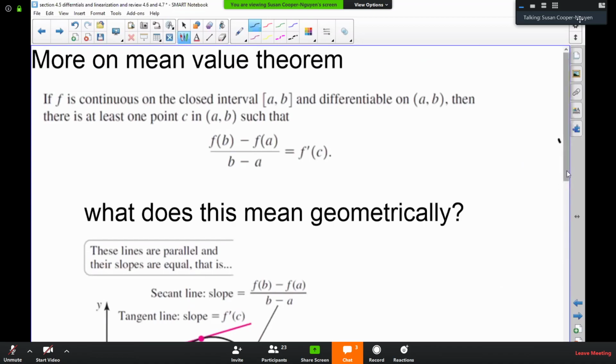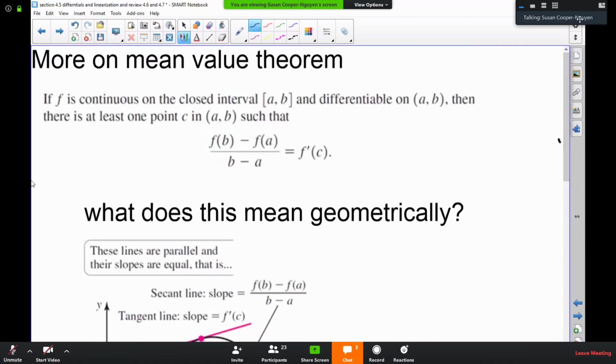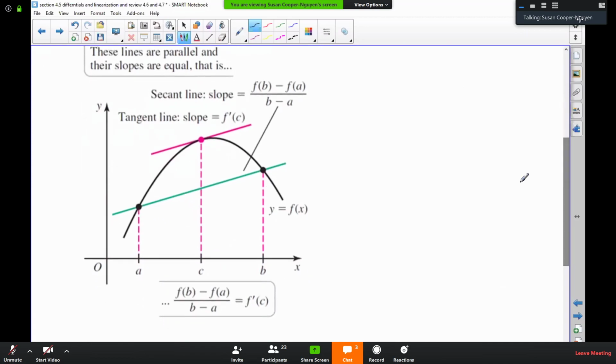It means geometrically this. When you say that f of b minus f of a over b minus a is equal to the derivative at some location, I like to look at a picture and think about it visually.